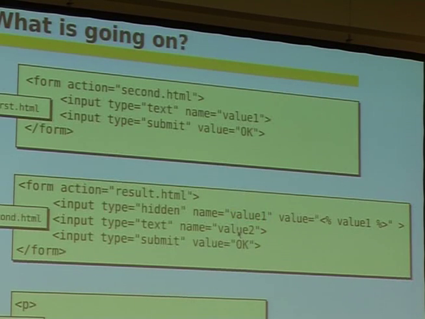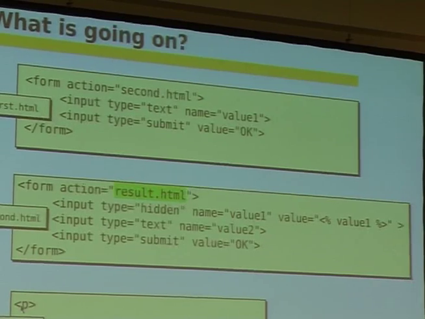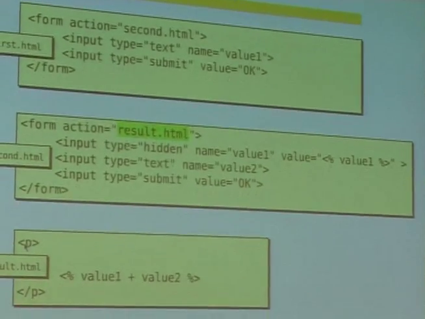Then we make a second input field with our OK button, and the link clicked on that is the third file, which is result.html, that is here. And this now will get two parameters, and we can just add them together to get the result.